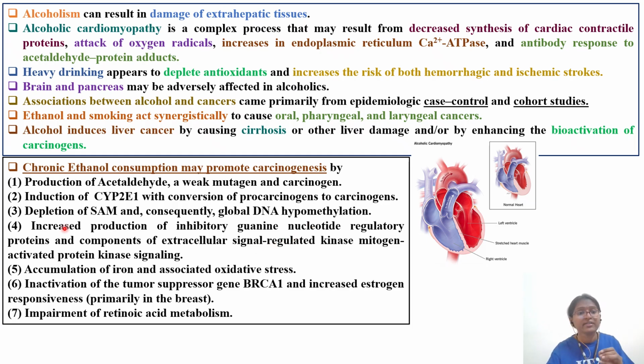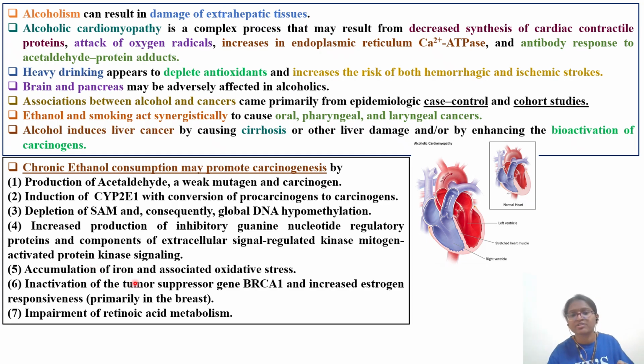Then increased production of inhibitory guanine nucleotide regulatory proteins, a component of extracellular signal regulated kinase, mitogen. Most of the anti-cancer drugs belong to the class of kinase inhibitors, MAP kinase, tyrosine kinase inhibitors. Those particular things are getting targeted, because of which excessive cancer is there.